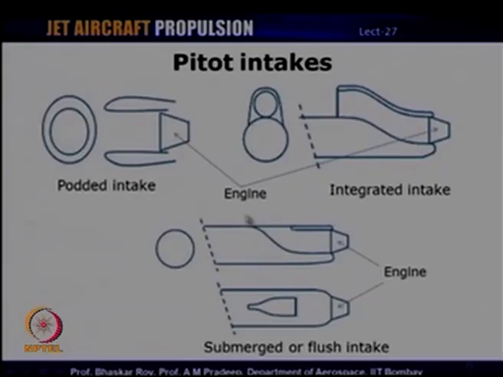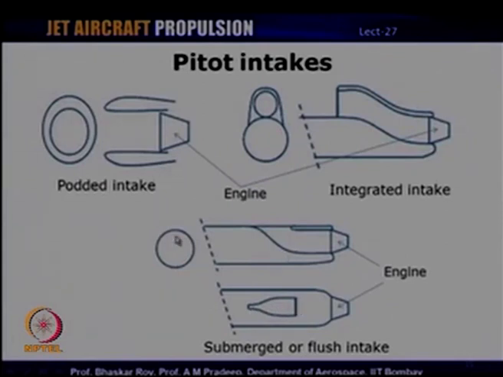And the third type of pitot intake is known as the flush intake or the submerged intake, wherein the engine is well within the fuselage itself, and you would not want any part of the intake to be protruding out of the fuselage surface. These are the intake types which are used commonly in missiles.